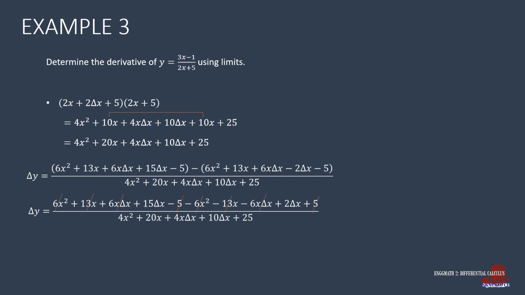Many terms cancel out each other. They are 6x squared, 13x, 6x delta x, and 5. Reducing the function into 17 delta x over 4x squared plus 20x plus 4x delta x plus 25.